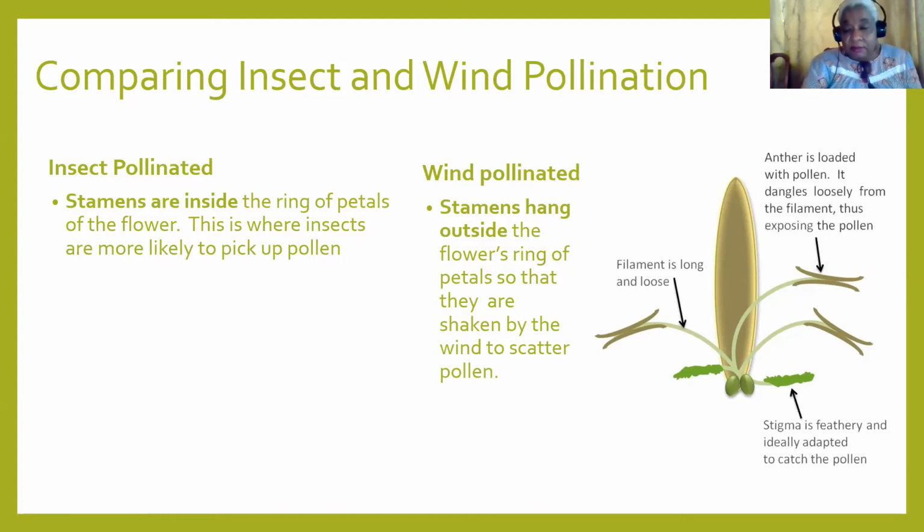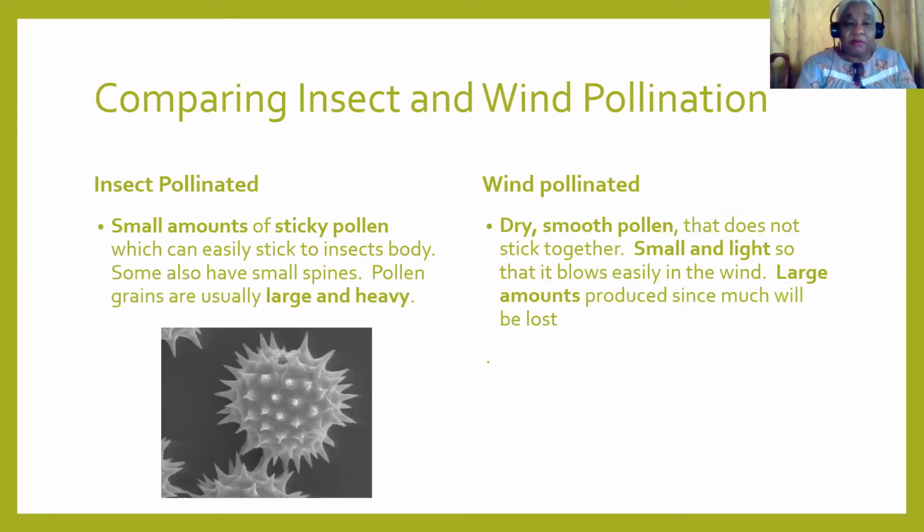In the wind pollinated flower, the stigma is feathery. And because of this, having lots of filaments, like a brush, a fuzzy paintbrush, I guess, it has lots of places for the pollen to land on.